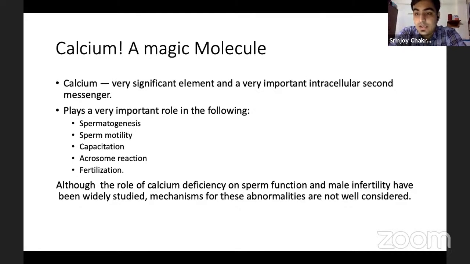We know that it plays a very important role in spermatogenesis, sperm motility, capacitation, acrosome reaction, and fertilization. The role of calcium deficiency on sperm function and male fertility has been studied widely, but the mechanisms of how these abnormalities occur, the biochemical signaling, transductions, etc., are still under a lot of review. And especially we are going to be studying this in our future studies.